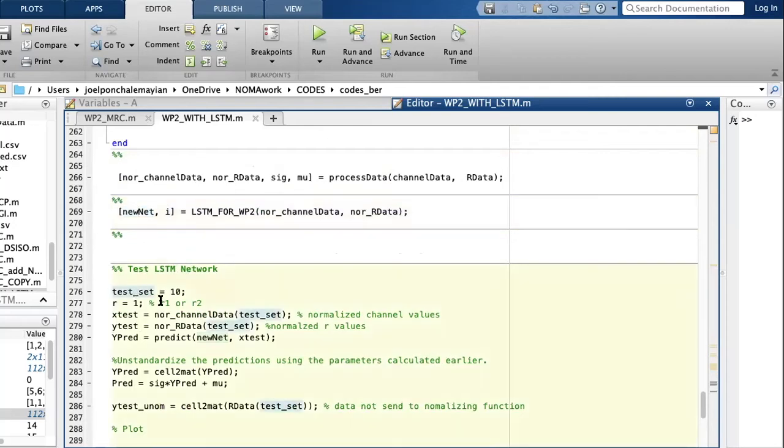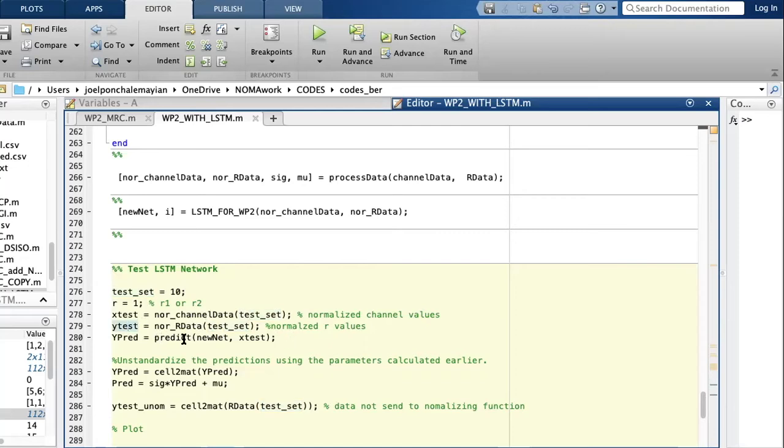So I say my test, I select my X test and Y test, which basically means my input data, which is the channel data and also the user data, and my Y data, which is my R data.